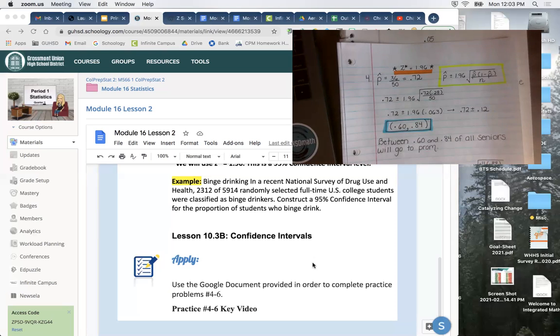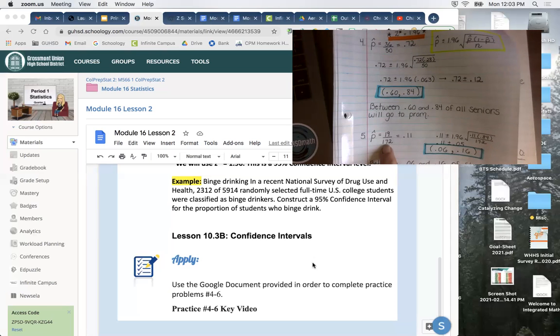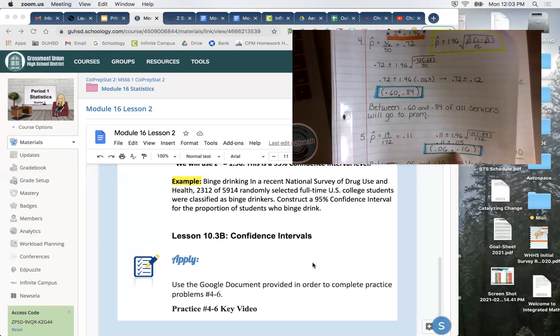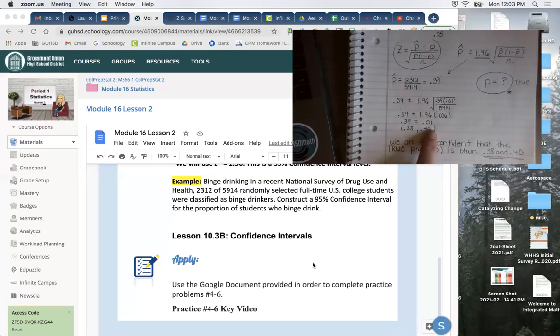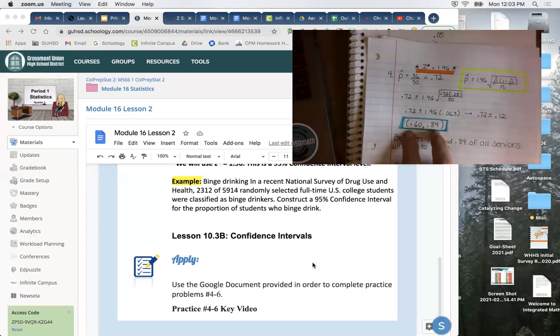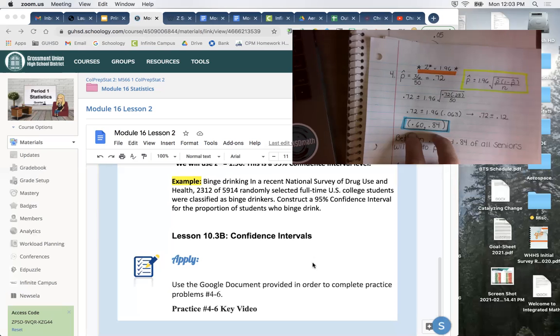The more people that you get in a sample, so this one was 172, the more it narrowed that window a lot. The more people you sample, the better the data that you get, because now I know it's between these two values. That's a lot more useful than saying between 60 and 84%. That doesn't really tell you much in real life.